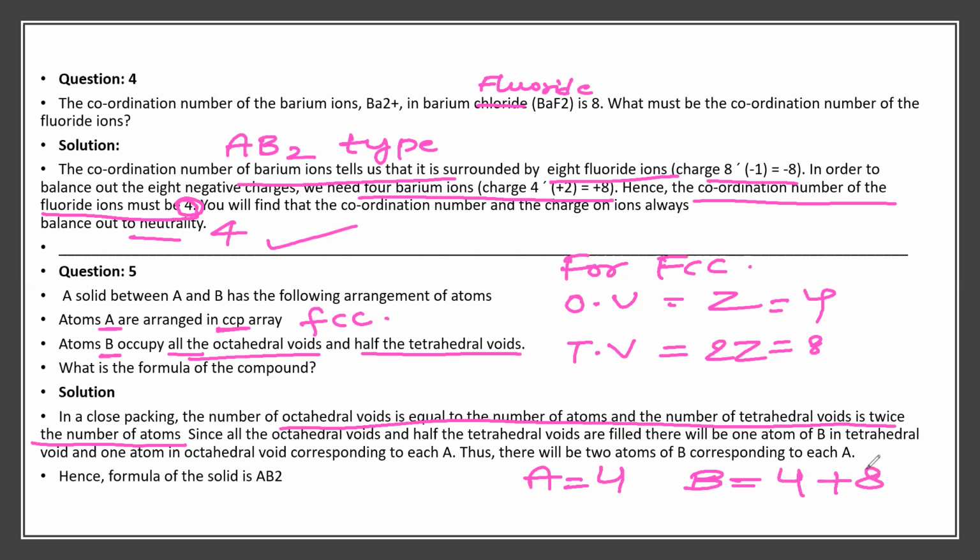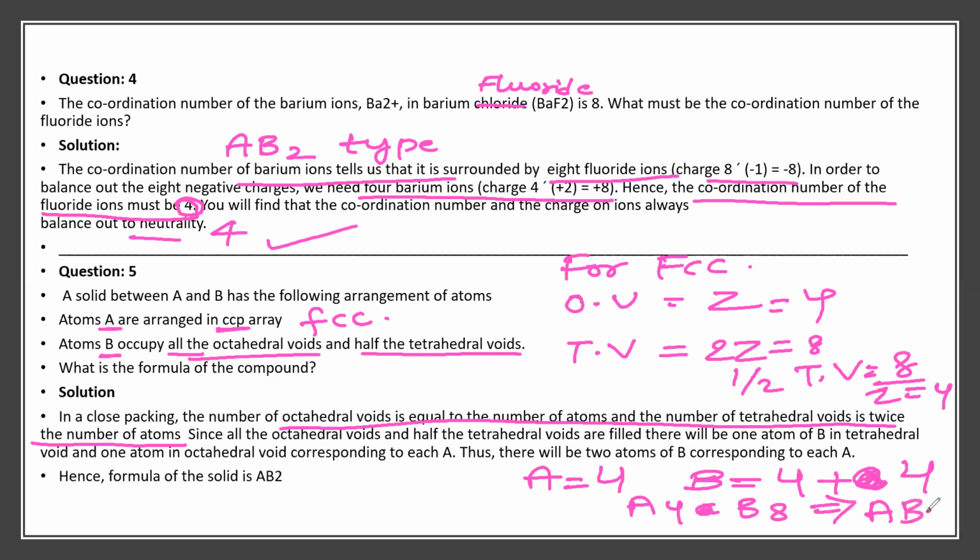The number of tetrahedral voids is 8, but it is half the tetrahedral voids, so 4. So B is equal to 8. So A is equal to 4, B is equal to 8. By this you can write A4B8. If you take the common factor, AB2. So the answer is AB2. This explanation is very, very simple. So this question is also important.